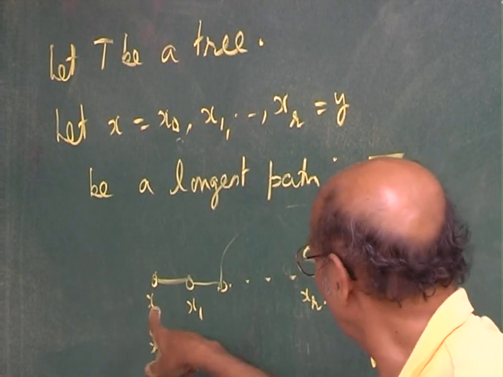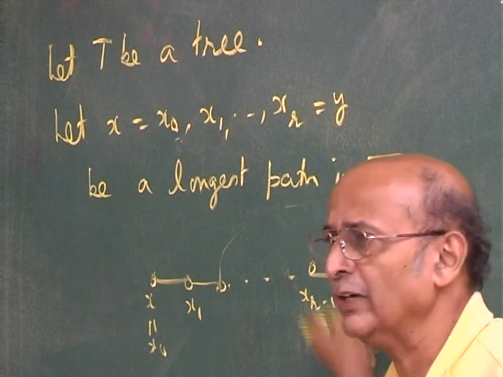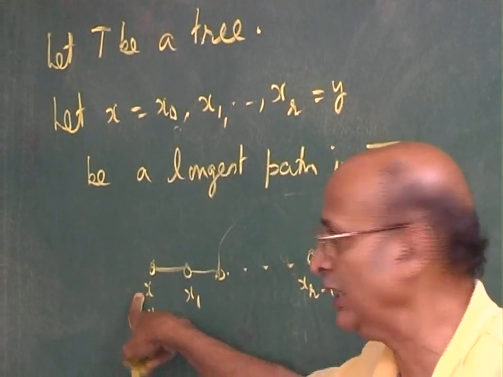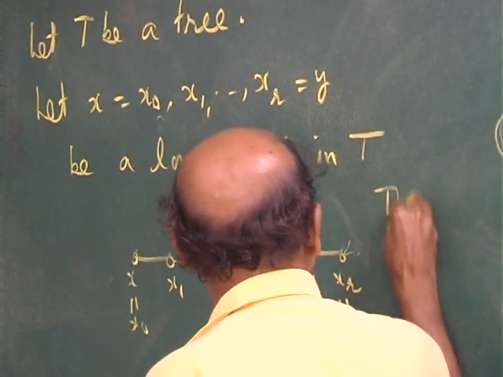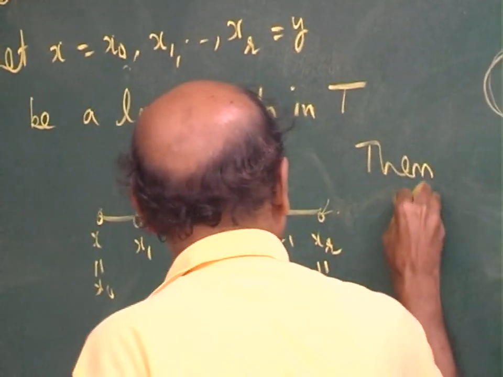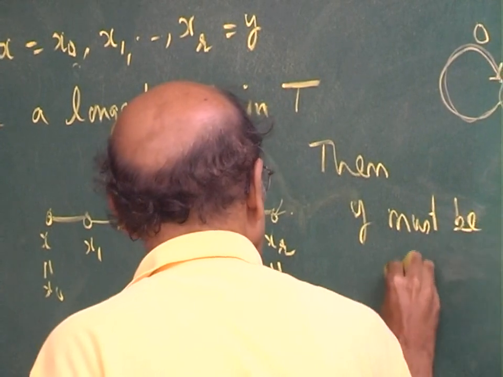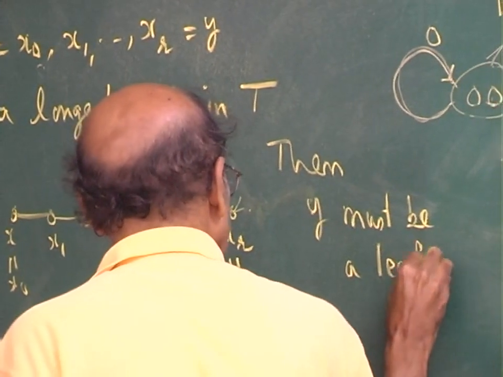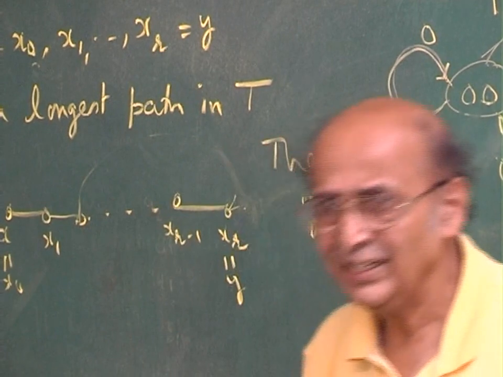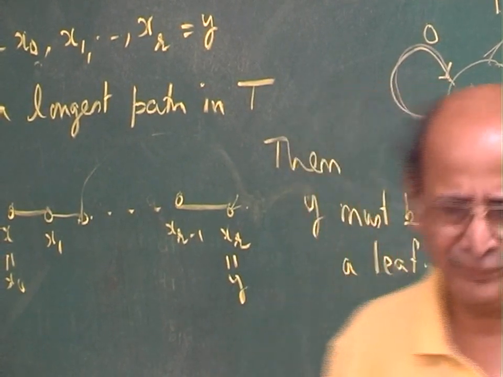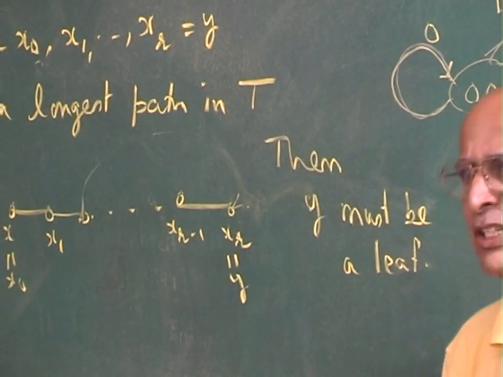So for the same reason y is a leaf, and for the same reason x will also become a leaf. So the conclusion is that every tree has a leaf. There must be leaves in any tree.